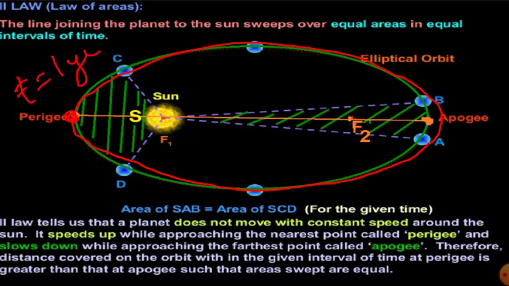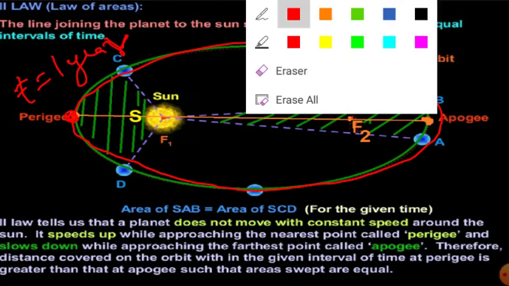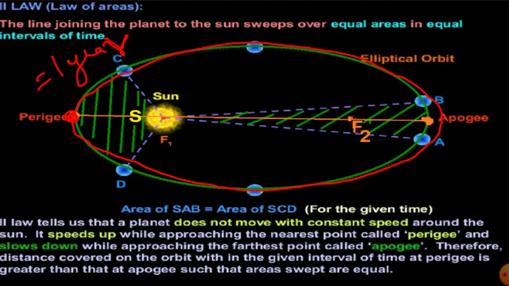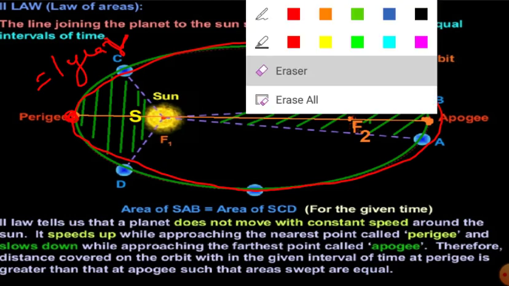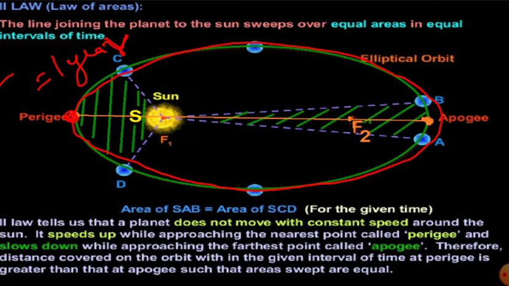That 1 year we call the time period, and it is denoted by capital T. Because it is the time taken by the planet to revolve around the sun once.